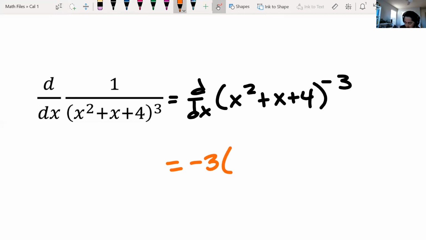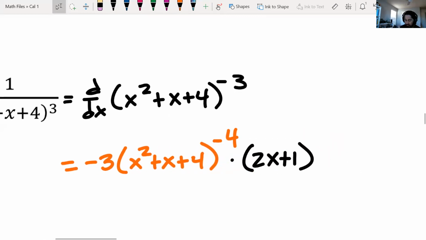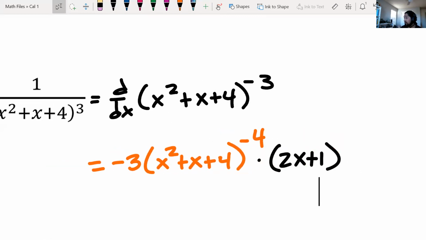Negative 3 times x squared plus x plus 4 to the negative 4, times 2x plus 1. Very good. There it is. Derivative of outside times derivative of inside.